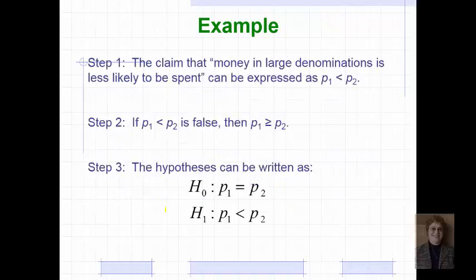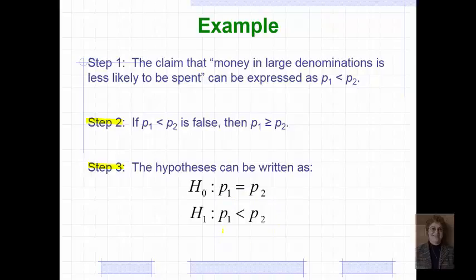So let's look at our claim, and again, I'm crossing those out. I'm not highlighting them. Step 1, we're looking at our hypotheses. If there's no difference, we would write p1 equals p2.